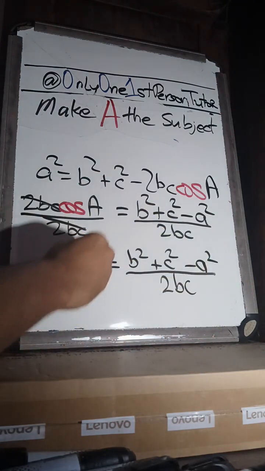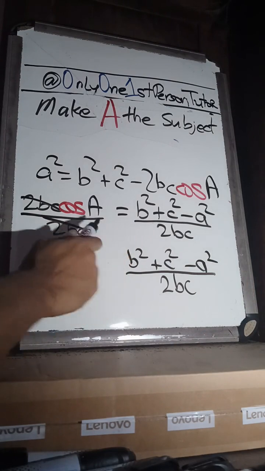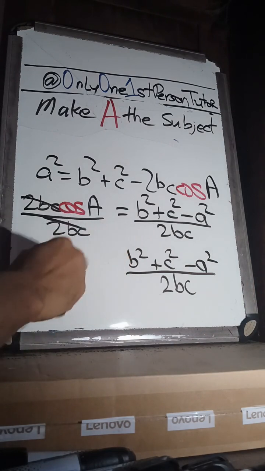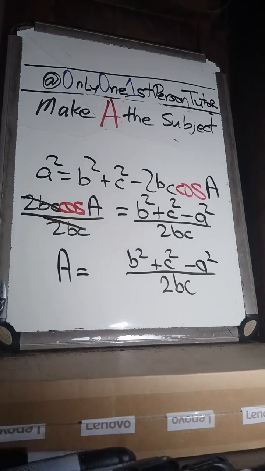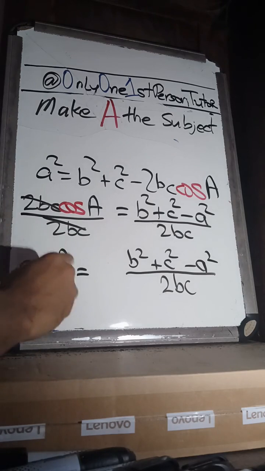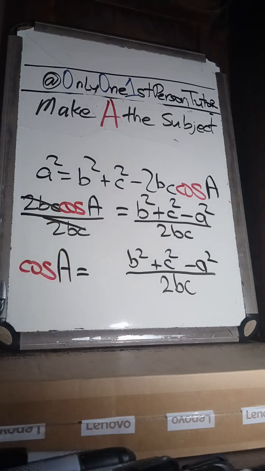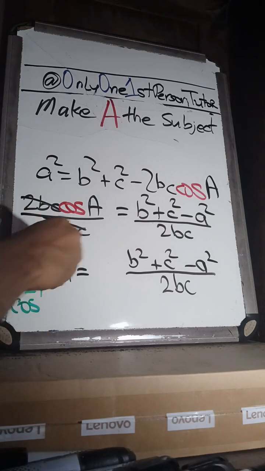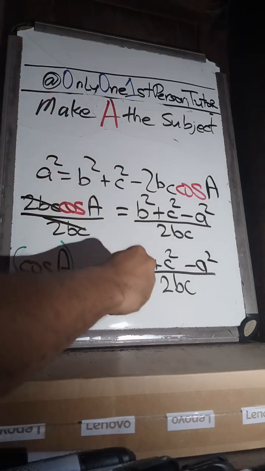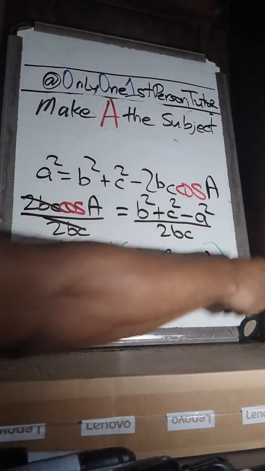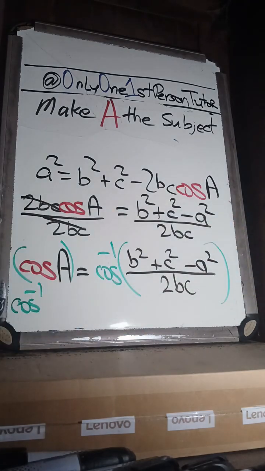So now, and the final thing you do, find the inverse cosine of this, and the inverse cosine of that.